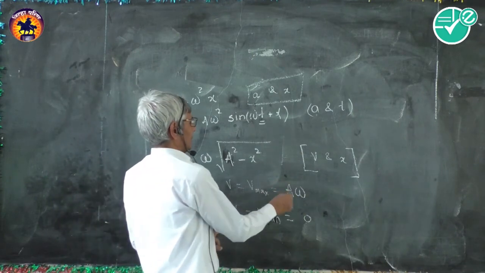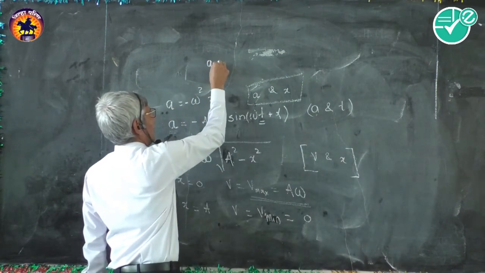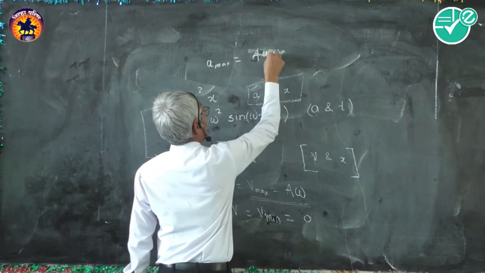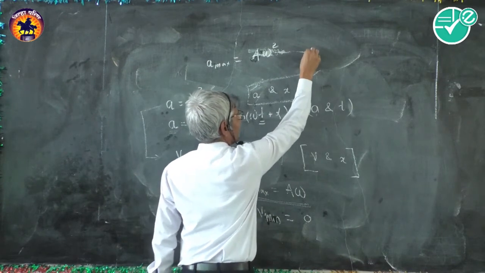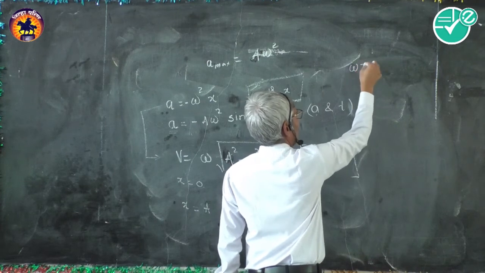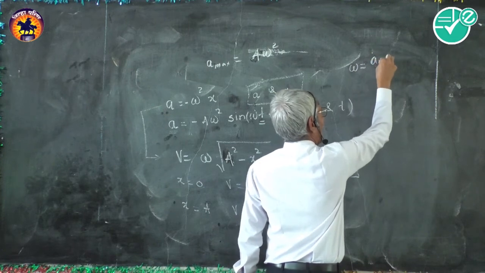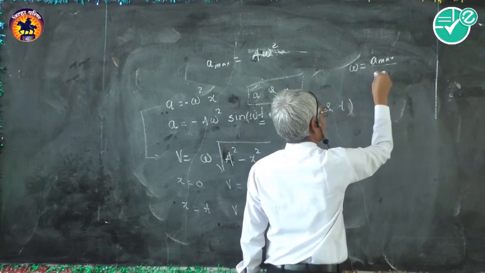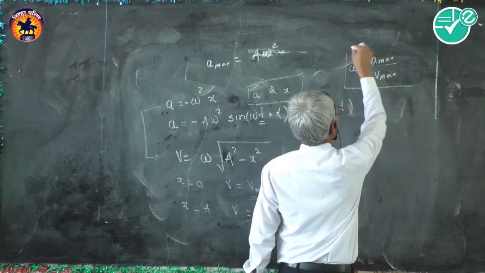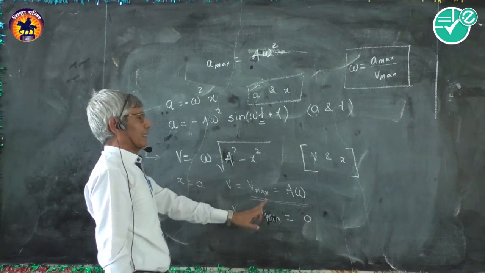If we use this equation of the v maximum, A omega, and the maximum value of the acceleration in magnitude, A omega square, using these two equations we can have omega equal to acceleration maximum divided by v maximum, that is, A omega square divided by A omega.